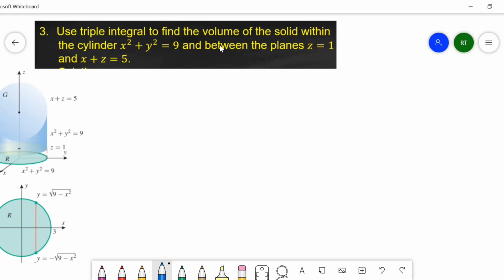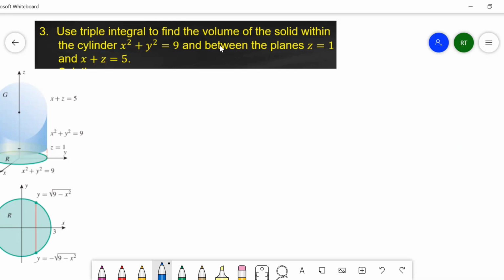So we can just project it to have the circular cylinder bounded below by z is equal to 1 and above by x plus z is equal to 5.